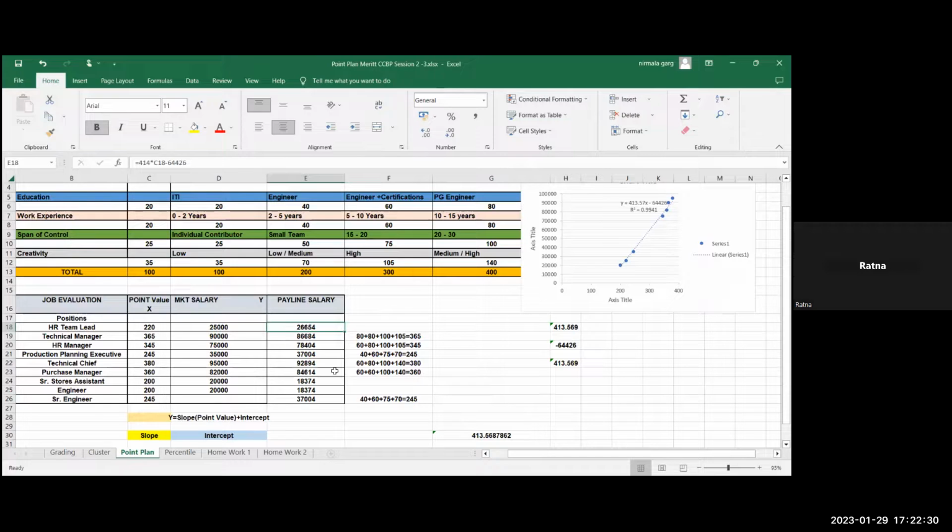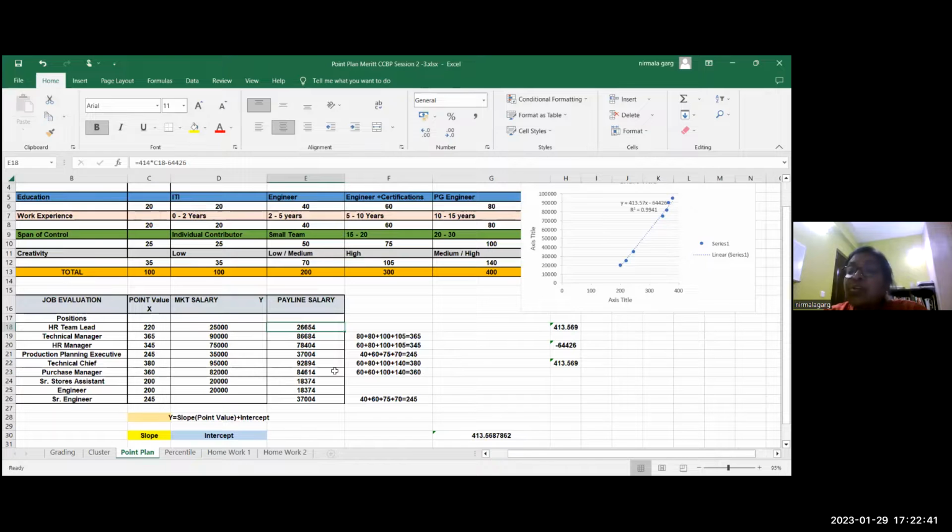So typically, most of the consulting organizations, when they do a point method, what we do is called the regression. I will also show you the graph and how you can really appreciate how interesting it is. First, I thought I'll just show you this. When you do a regression, we have to calculate slope value and intercept value.